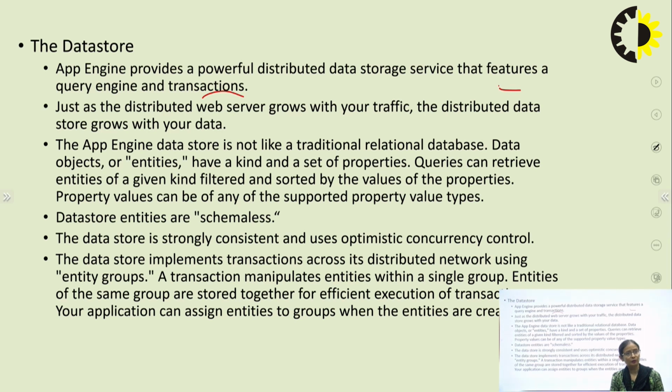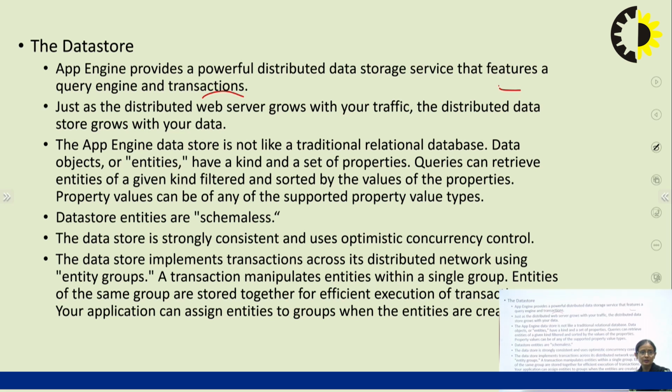Property values can be of any supported property value type. Data store entities are schemaless, that is, no schema is followed here. The data store is strongly consistent and uses optimistic concurrency control techniques. The data store implements transactions across its distributed network using entity groups.